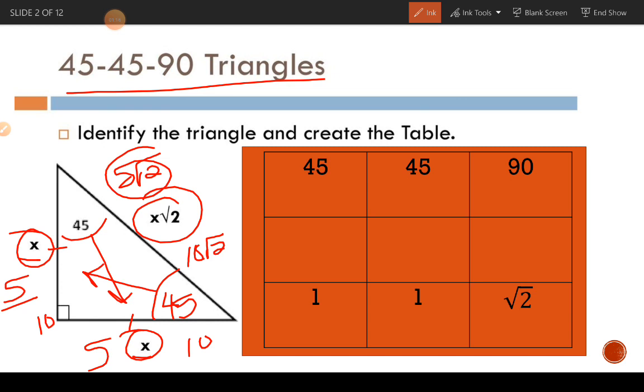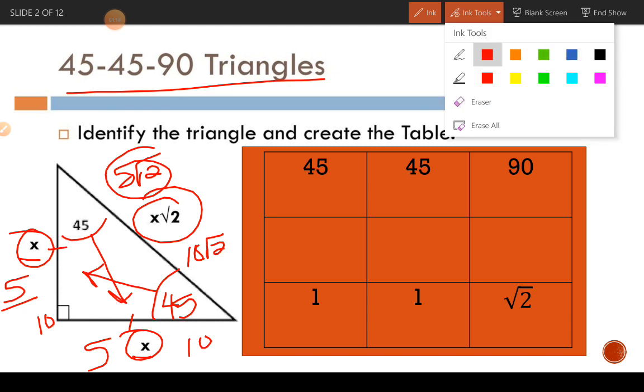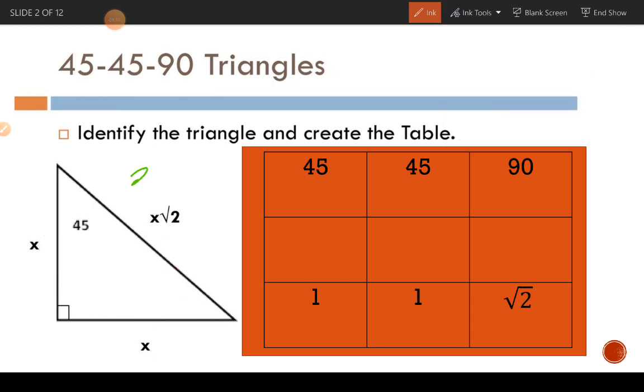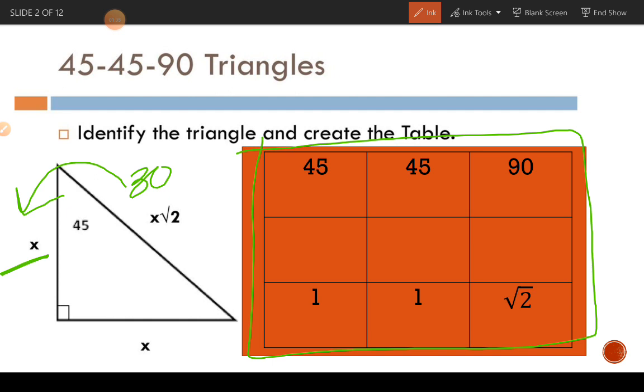But sometimes these numbers aren't as nice as I just made them out to be. Sometimes these numbers are like 30. Okay, well, how do we get from 30 to this side? Well, this is where this table comes in, okay? And this table is just helping us come up with these proportions.